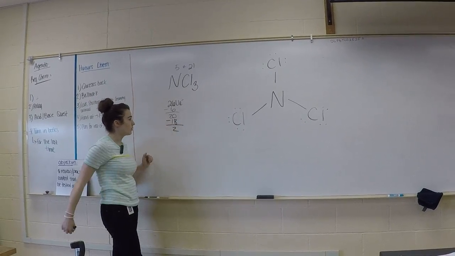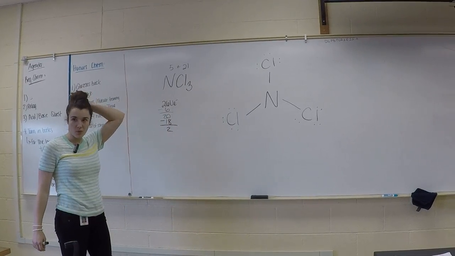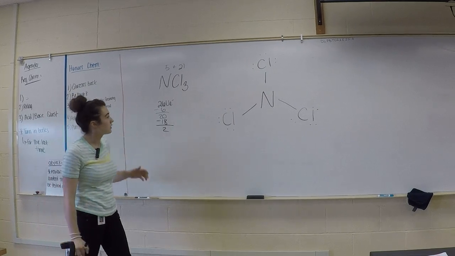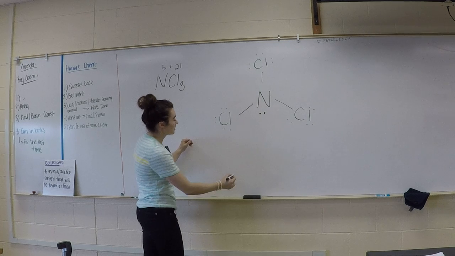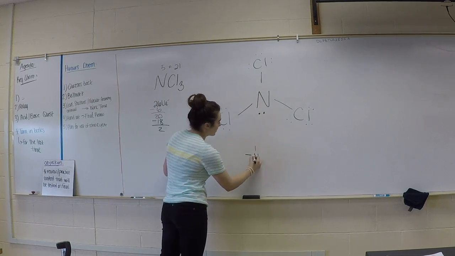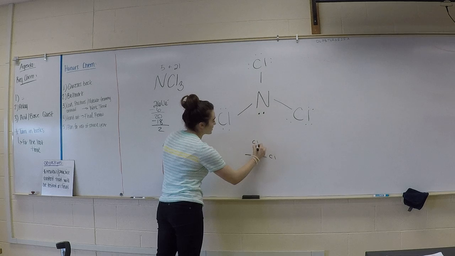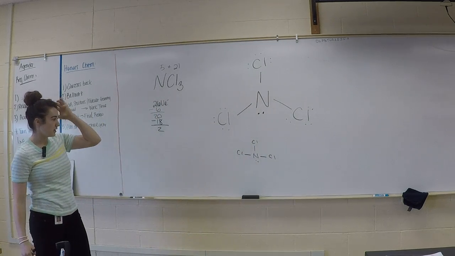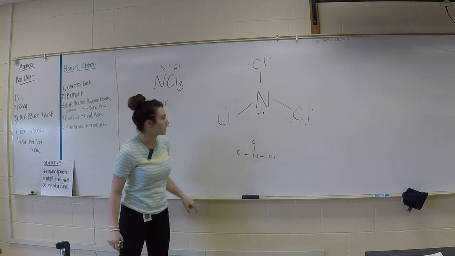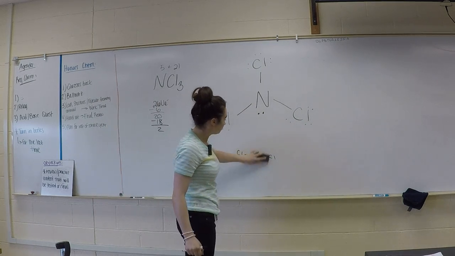So we need 2 more. Our leftovers go where? On the inside, on the center atom. Again, if I was to redraw this whole thing, they would all want to spread out like this, and then the lone pair would be over there, right? Because these are all electrons, but I'm not going to redraw it.